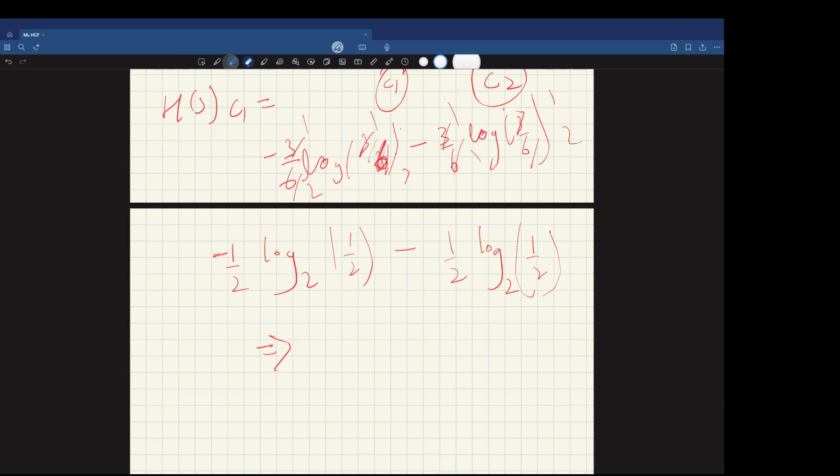My value is 1. Check yours. If you take minus half outside, it will become plus, and 2 terms are there. Then 1 will become.